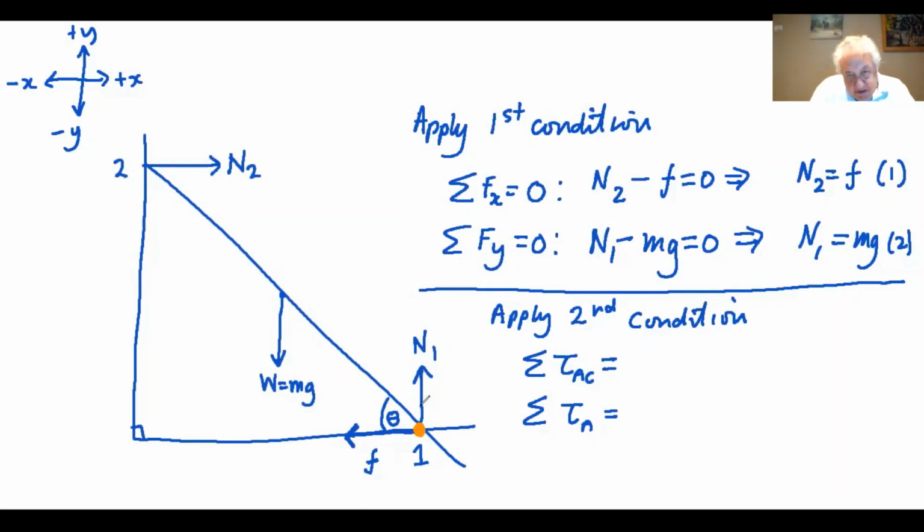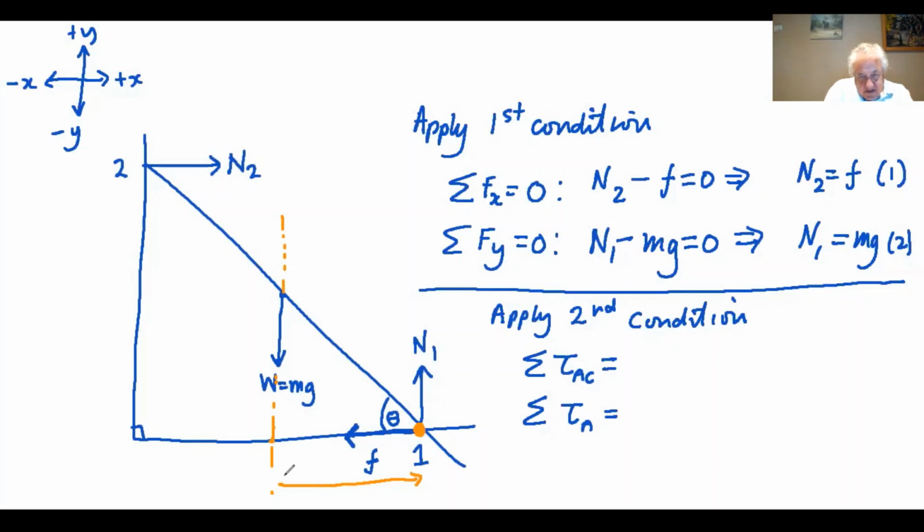But now I need the perpendicular distance from the lines of action of the forces. Now, let me take this one and draw its line of action. The line of action just passes, I'm not worrying about the direction right now, just the line of action. Now I want the perpendicular distance of the line of action from the axis of rotation, which is this distance.